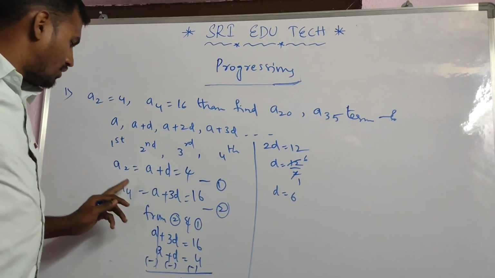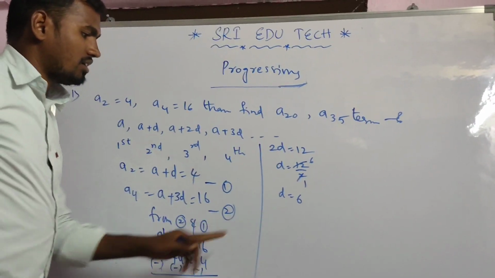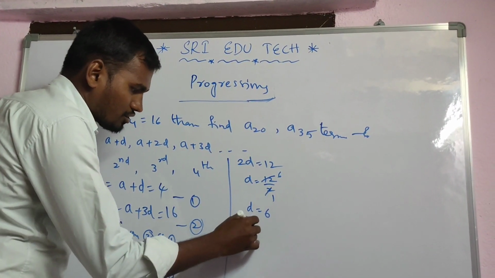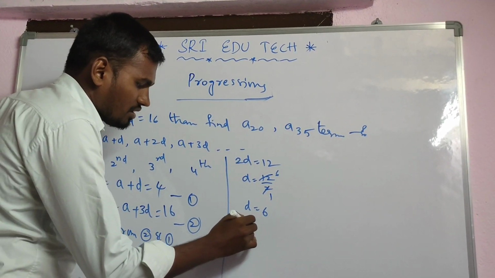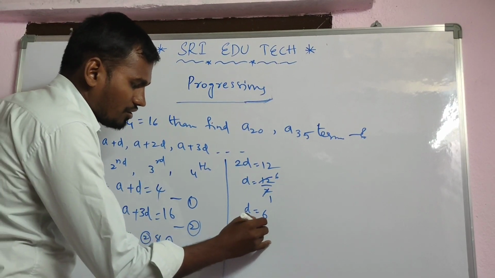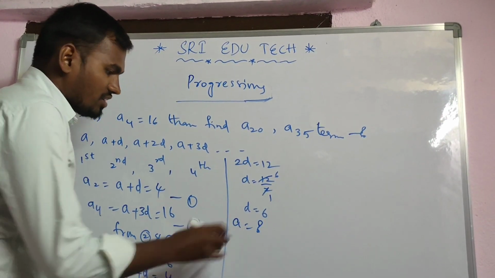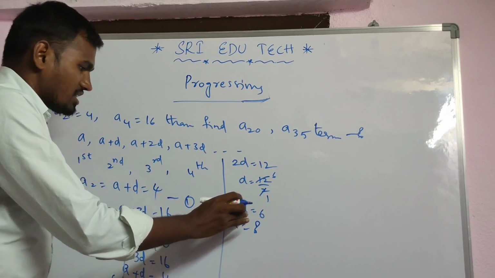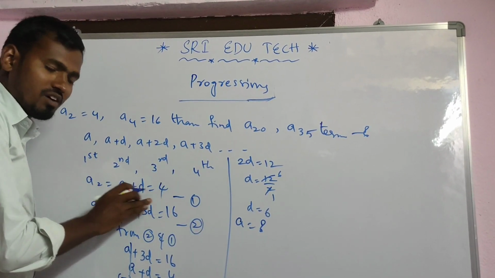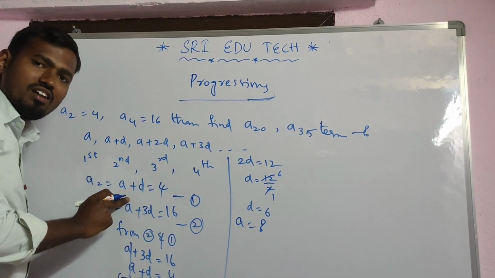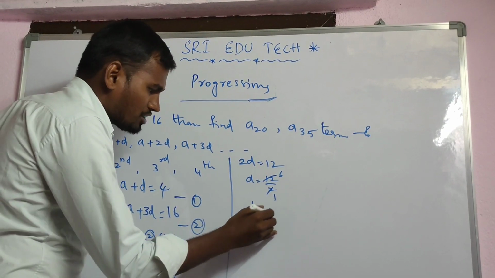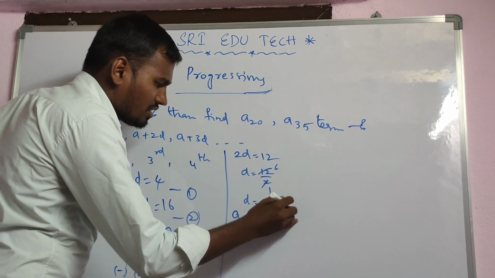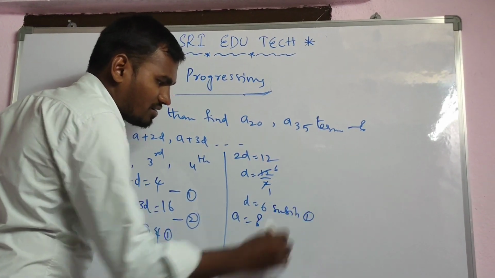Okay? You know A is equal to, you have to find here. Then you know the D value, substitute the D value in this equation number 1 or 2, then we get the A value only. Let's see, I am substituting D is equal to 6 in 1.